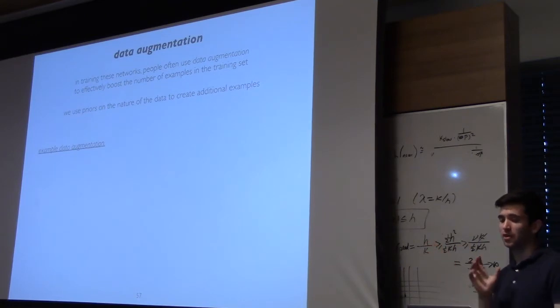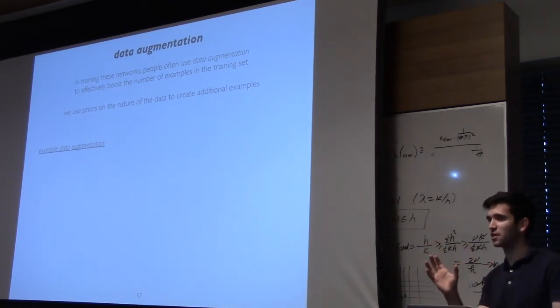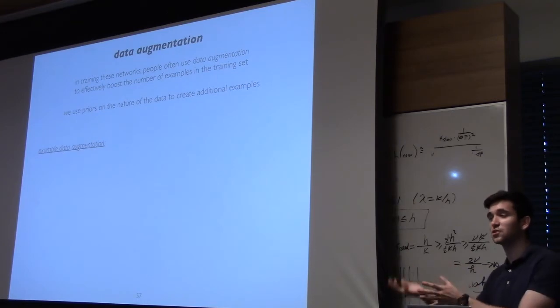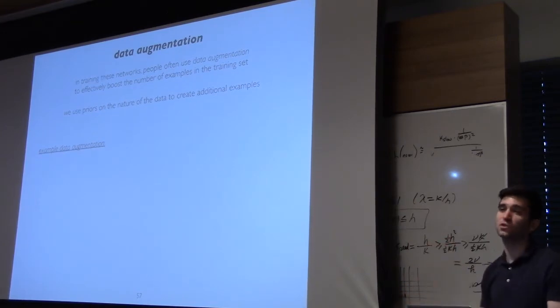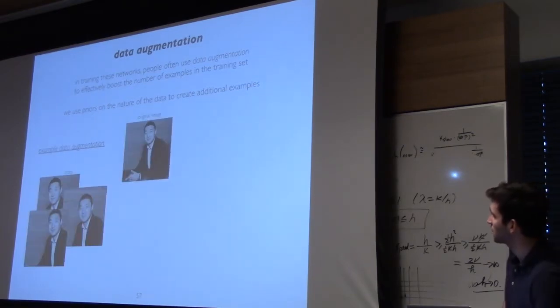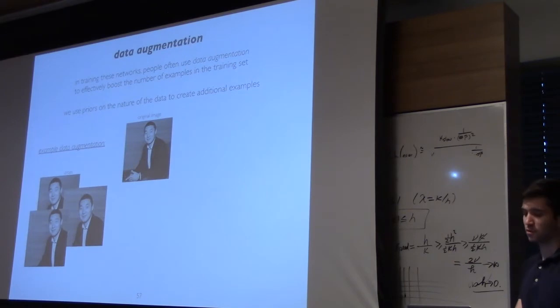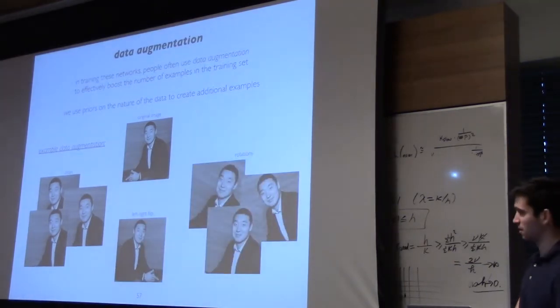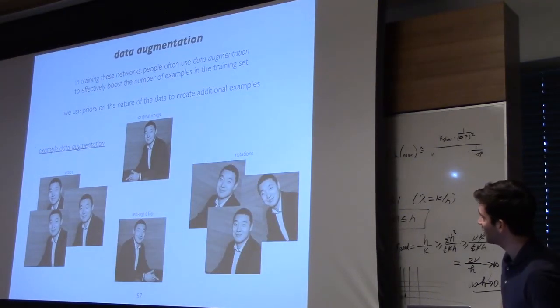And you're saying, okay, I know that if this data example is of this class, then if I rotate it slightly, it should still be of that class. So you're just incorporating some more priors. So if you have your image of Yisong, you can crop it to a bunch of different crops, flip it, and rotate it. It's still Yisong.